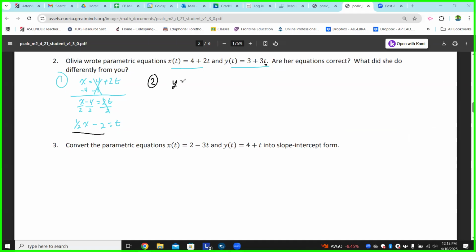So again, this will now be y equals 3 plus 3, replacing the t with this equation. When I replace something, I always use parentheses to indicate multiplication: 1/2 x minus 2. Before I move on to simplifying, any questions on how to just plug in? Okay. How do I simplify this then?